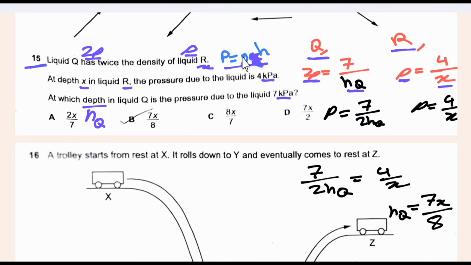After rearranging, rho is equal to pressure by height, that is 4 by x. Since rho is common in both equations, we make rho the subject and equate the two values. Then, making h the subject of the formula, that is HQ, we get HQ as 7x by 8. So the answer should be B.